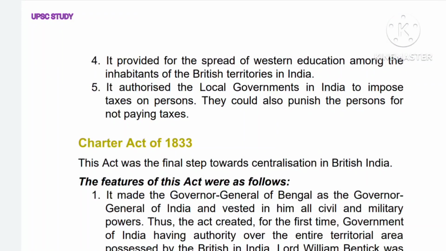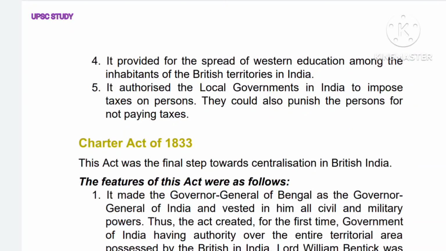Charter Act of 1833. This act was the final step towards centralization in British India. The features of this act were as follows. Number 1. It made the Governor General of Bengal as the Governor General of India and vested in him all civil and military powers.